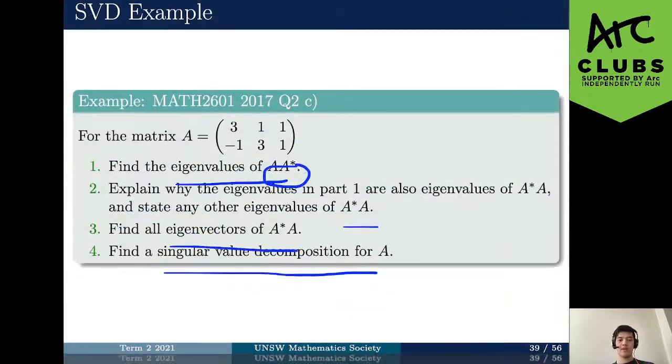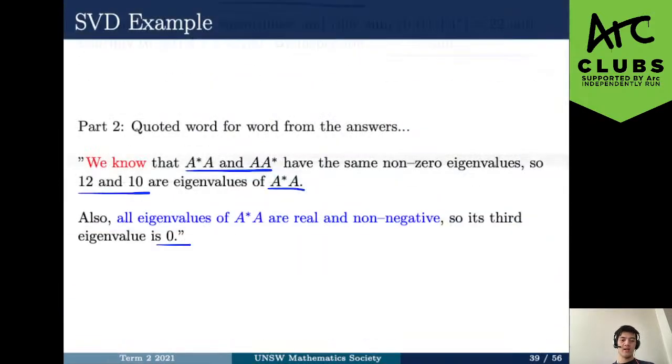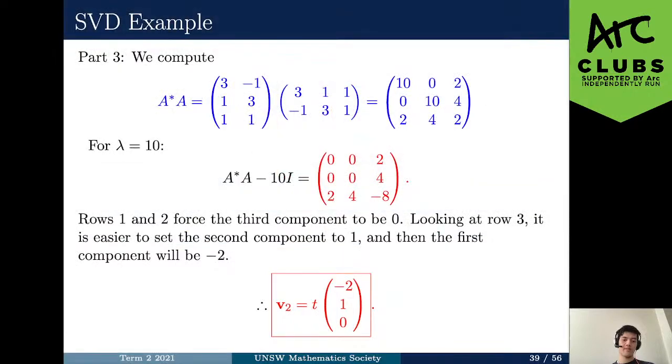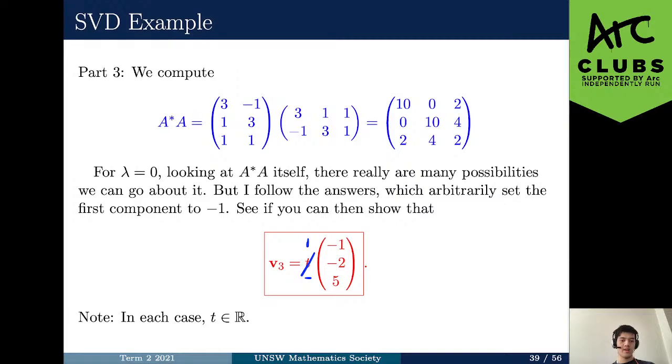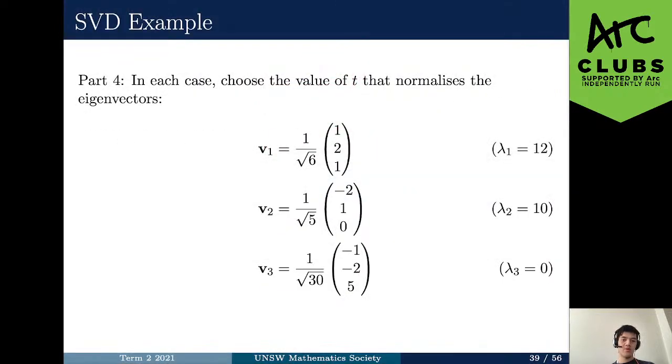Actually, we need these three vectors to be orthonormal, then they would be the columns of V. So all we do here is normalize each of them. I think in this case they are already orthogonal. If not, you will need to use the Gram-Schmidt process to make them orthogonal.